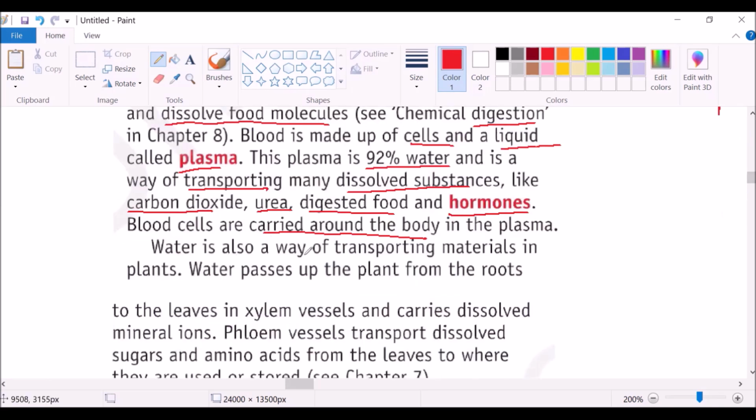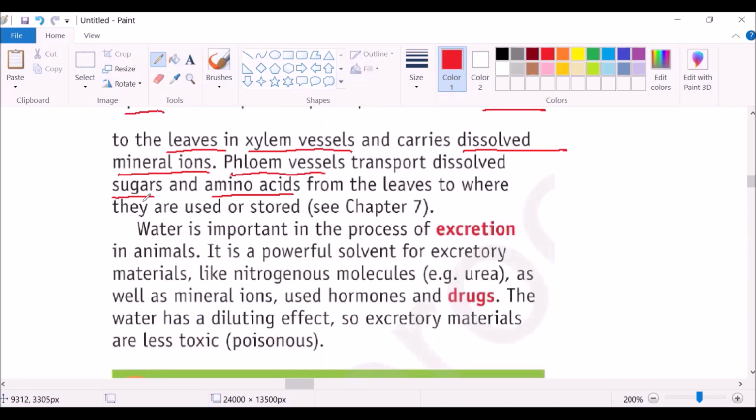Water is also a way of transporting materials in plants. Water passes up the plant from the roots to the leaves in xylem vessels and carries dissolved mineral ions. Phloem vessels transport dissolved sugar and amino acids from the leaves to where they are used or stored.